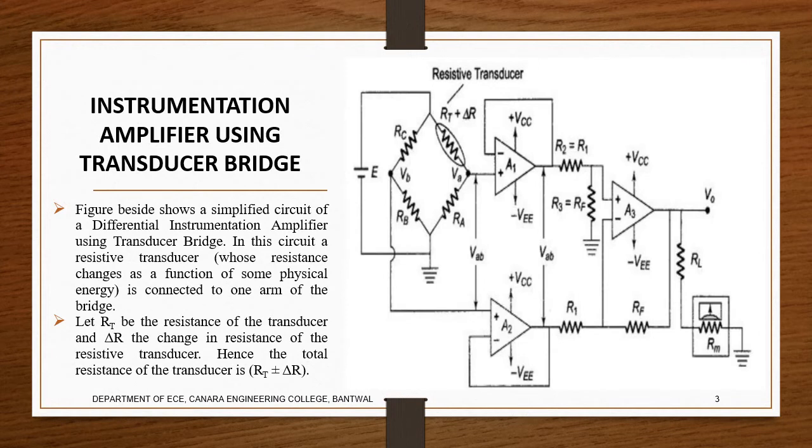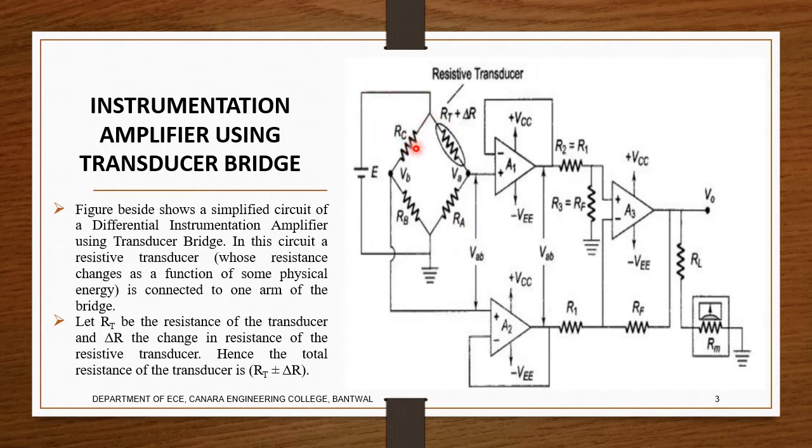First, look at the circuit. This is the resistor transducer or the bridge that we studied in unit 1. We studied different types of transducers there. There you had a Wheatstone bridge, and here it is a similar kind of Wheatstone bridge.